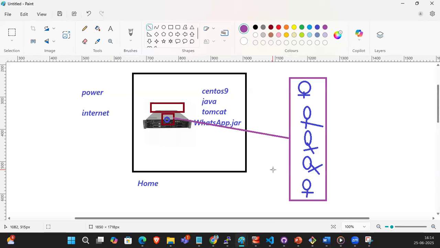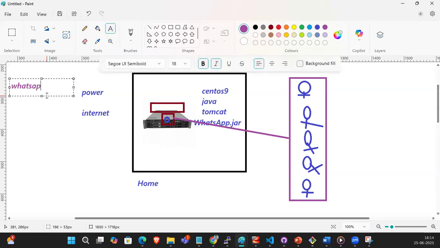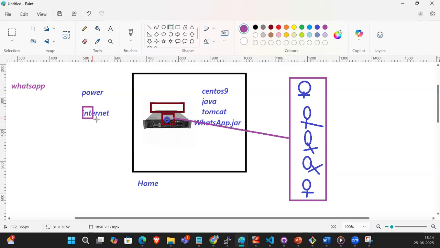You have a website, you developed a website. The website is called the WhatsApp website. You kept it in your home. You have internet and you have power, so it is enough, right? If you have internet and power, the people will connect to that server and access that website.